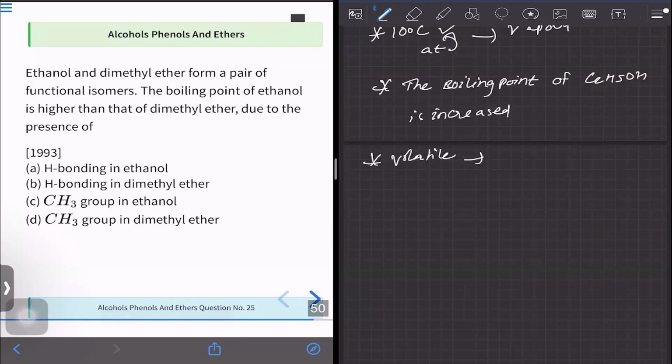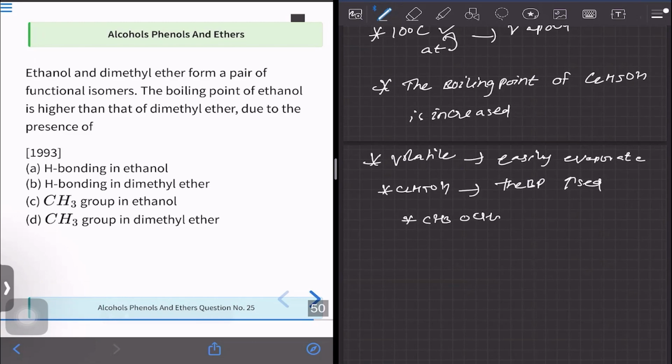It means they can easily evaporate. But due to hydrogen bonding, the boiling point of ethanol is increased as compared to CH3OCH3. Option A, hydrogen bonding in ethanol, that is correct.